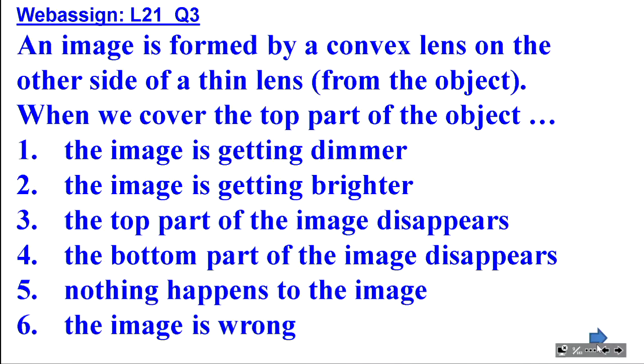What's going to happen if I cover, let's say, the top part of the lens? It doesn't affect the size of an image, it just gets dimmer, because still, even a small part of the lens transmits light from all points of the object, but less.